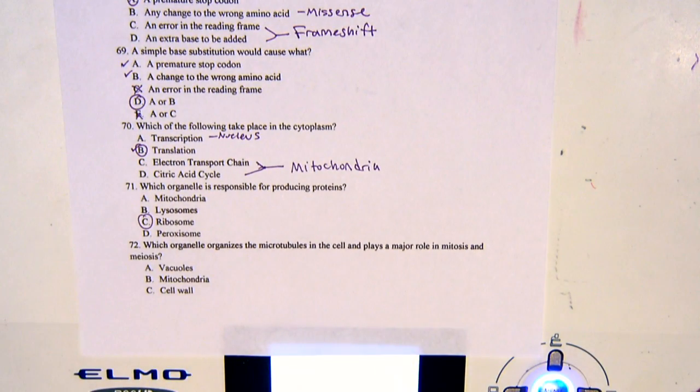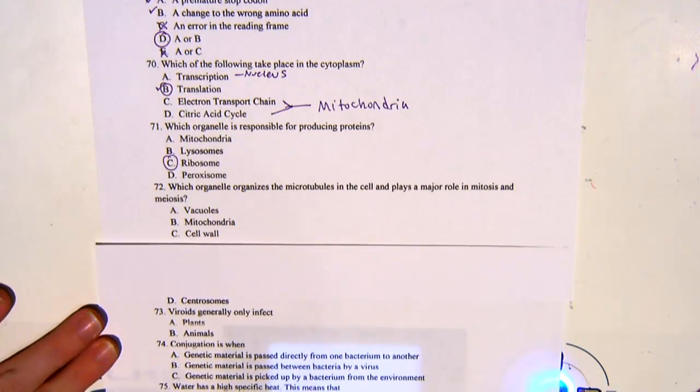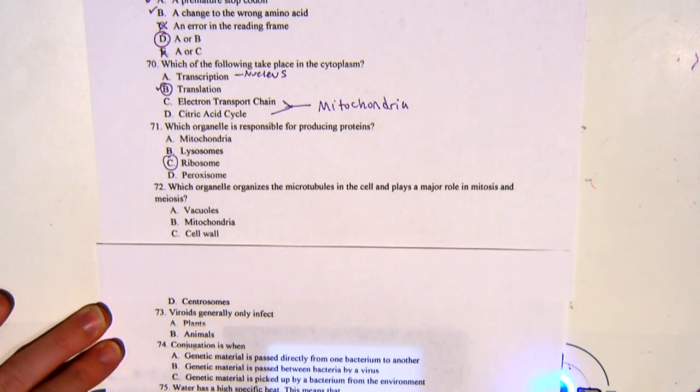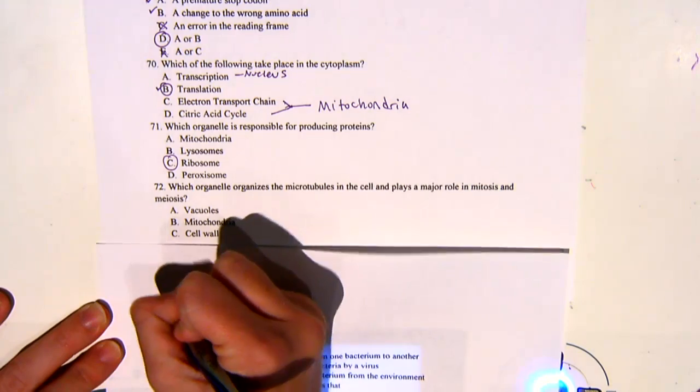72. Which organelle organizes the microtubules in the cell and plays a major role in mitosis and meiosis? Once again, it's always a terrible place for the page to cut off, but that is going to be centrosomes.